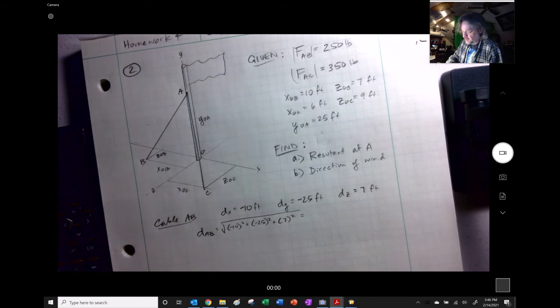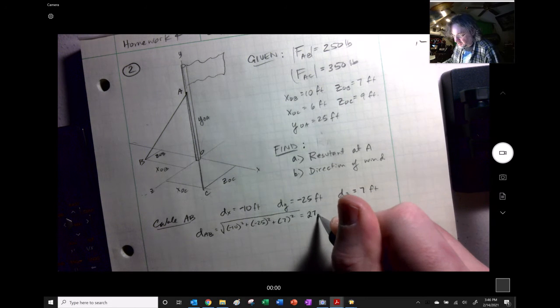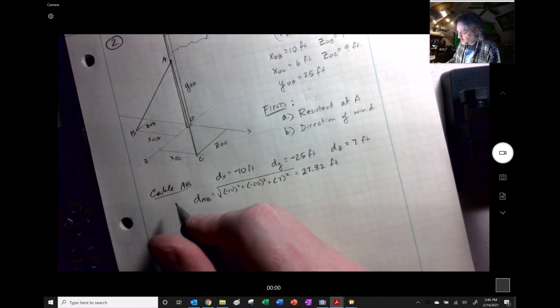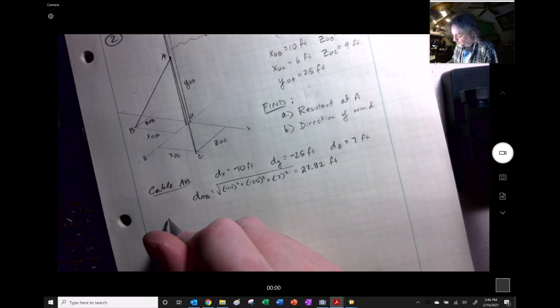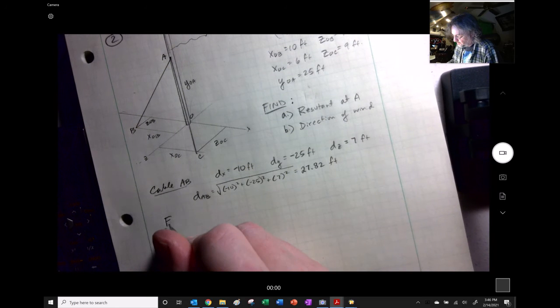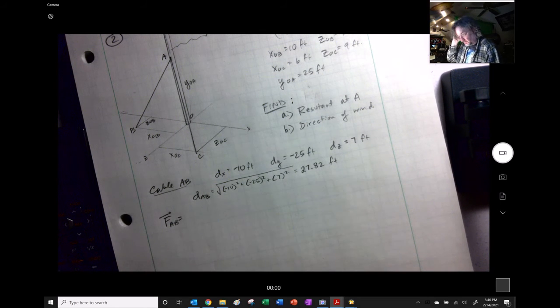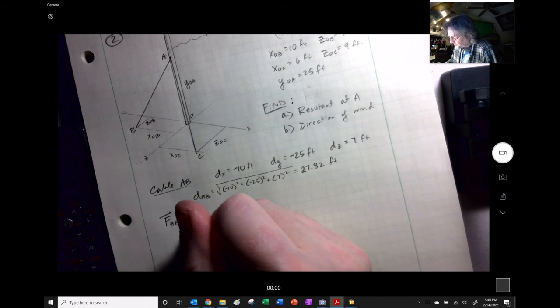Let me write that down: 10 squared, 25 squared, add that, 7 squared, add it, take the square root. I get 27.82 feet.